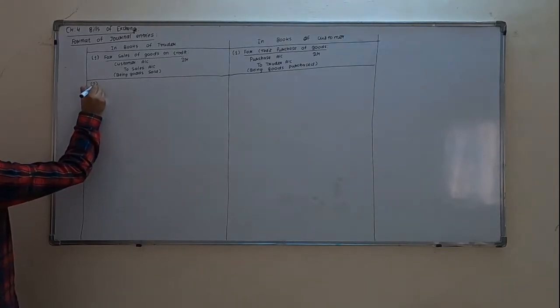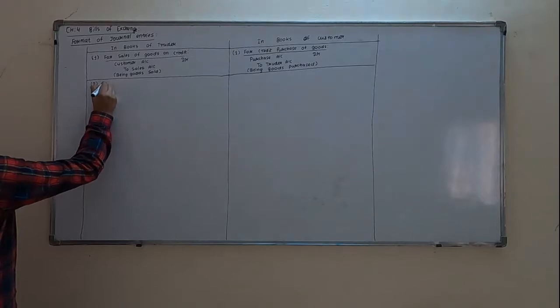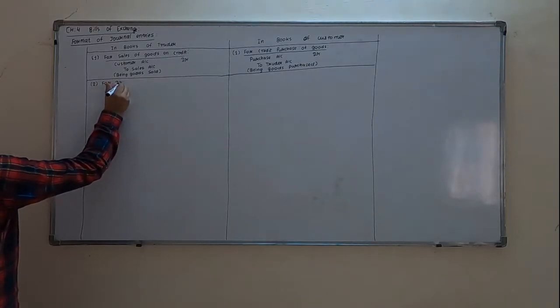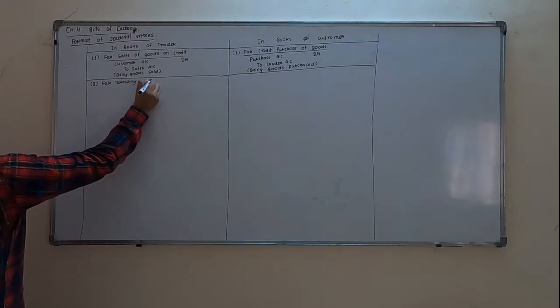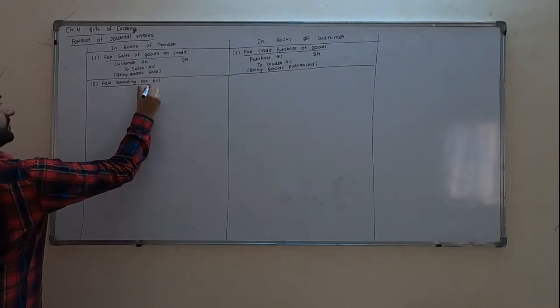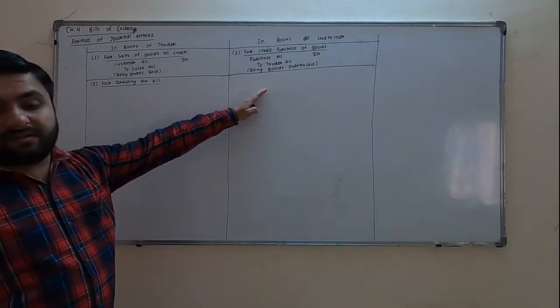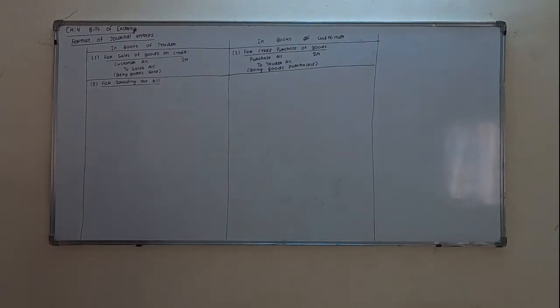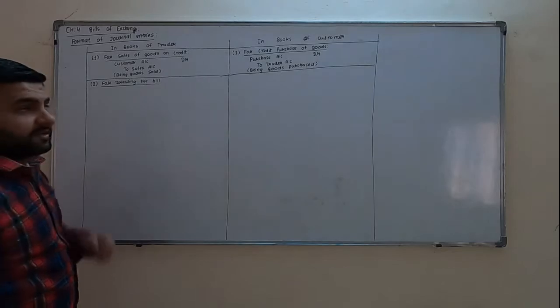Now, according to the format, the second entry is for drawing the bill. He is the bill drawer, while he is the bill acceptor. Okay, so the entry would be, this entry we know actually.